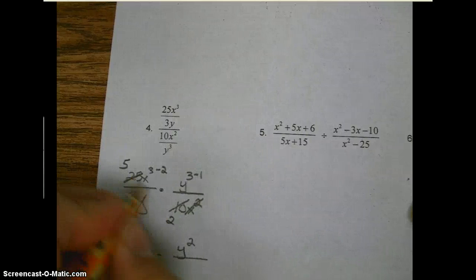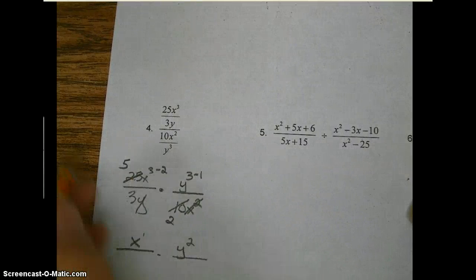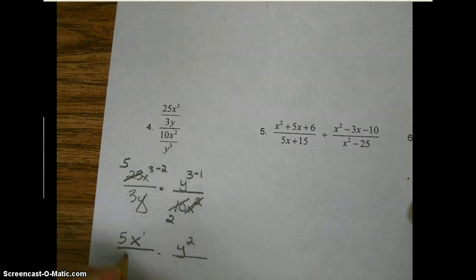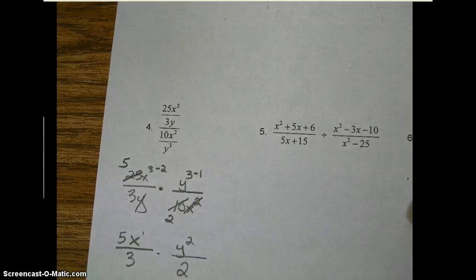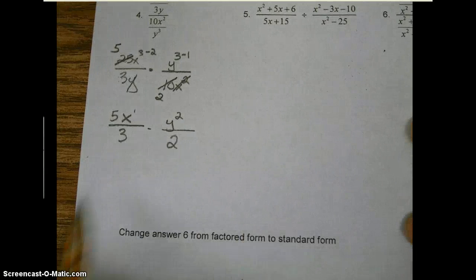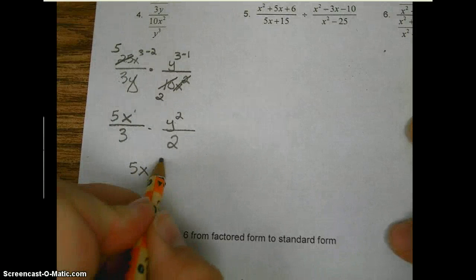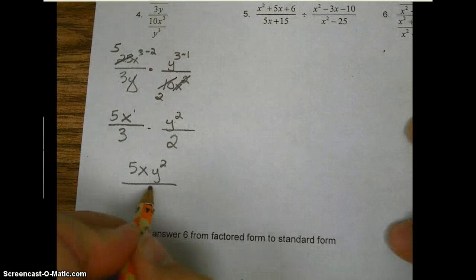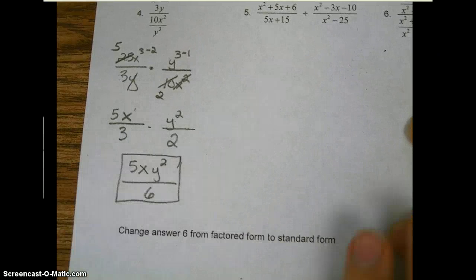So I just reduced that. It's called cross-reducing. Okay, so that leaves us a 5 on the top, a 3 on the bottom, a 2 on the bottom, and now let's multiply. Multiplying straight across, we get 5xy squared over 6. And we're good.